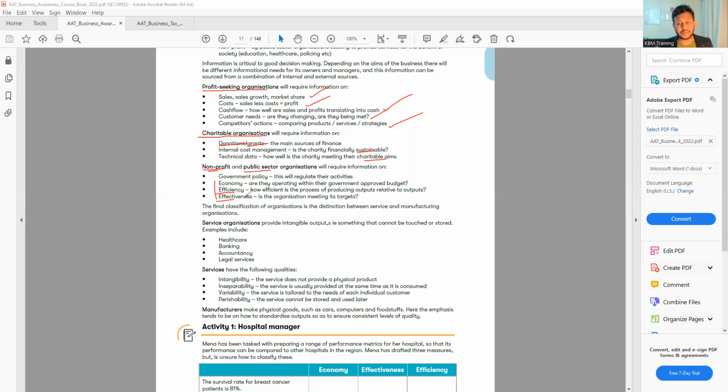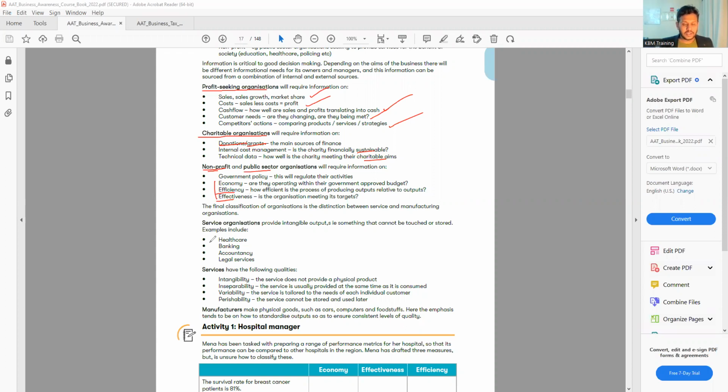Or if your sales increased by 10% for one branch and a competitor's sales increased by 15%, you can compare whether you are doing better or worse than them. So by analyzing effectiveness, when you have a set of targets, if you cannot fulfill the target, your effectiveness will be lower than the standard.